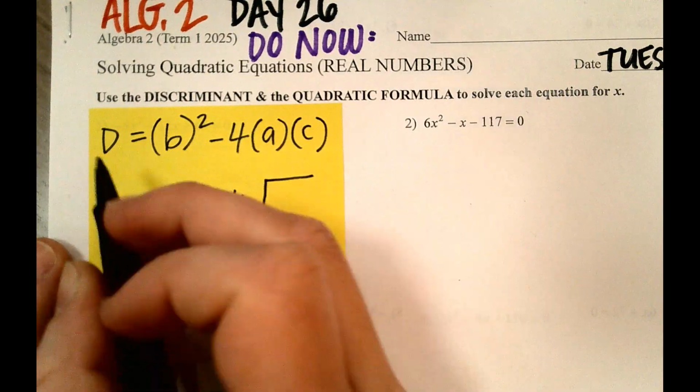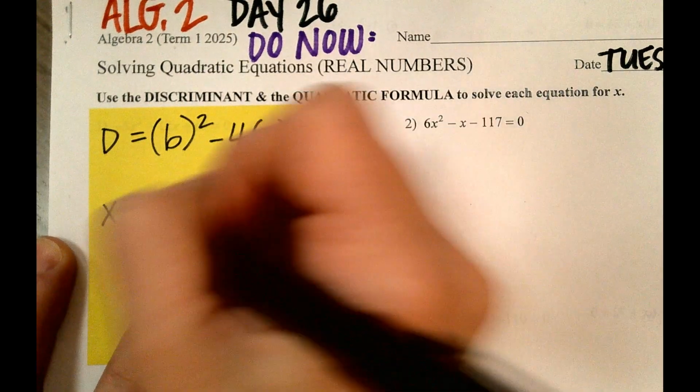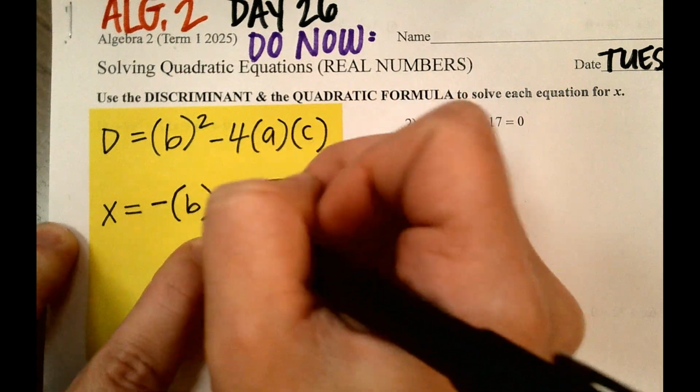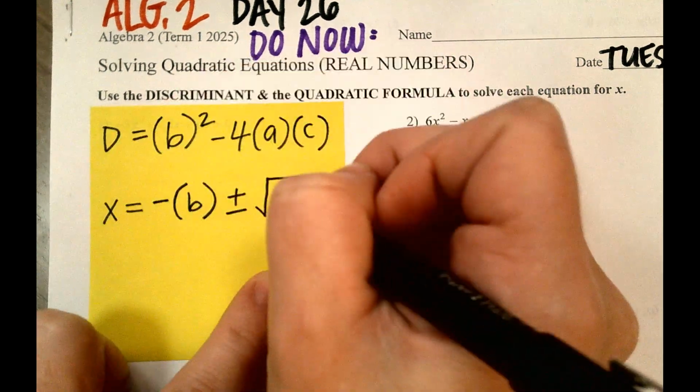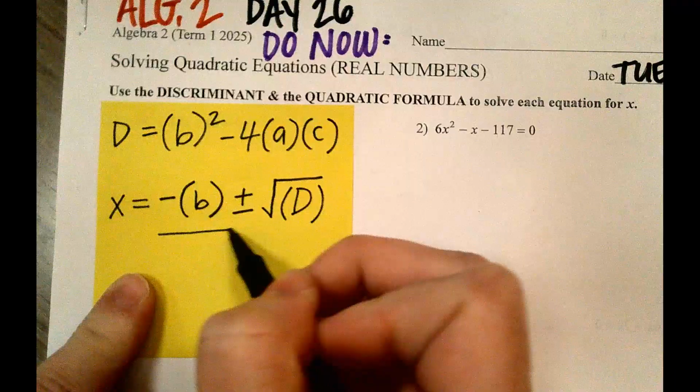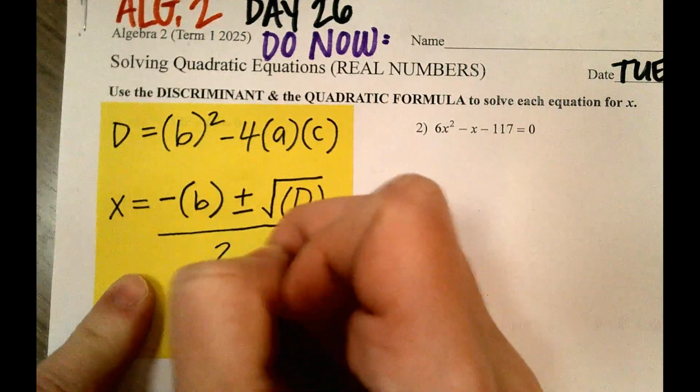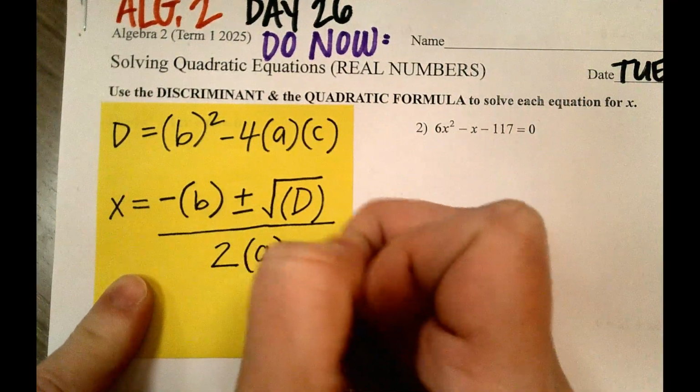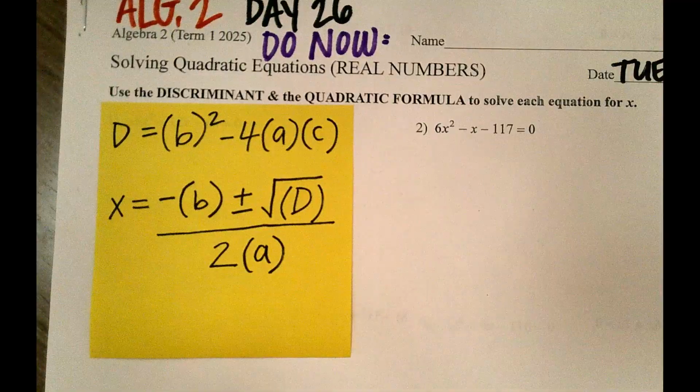The discriminant. So x equals negative b plus or minus the square root of the discriminant, all over 2 times a. Good.